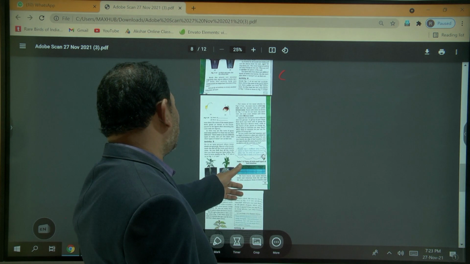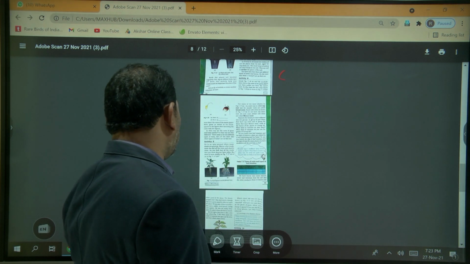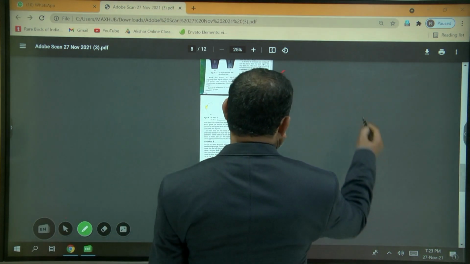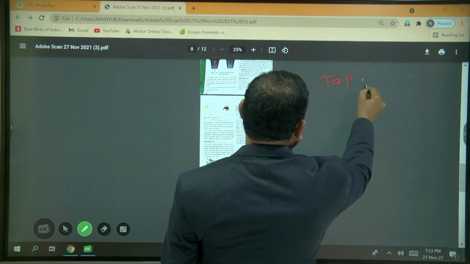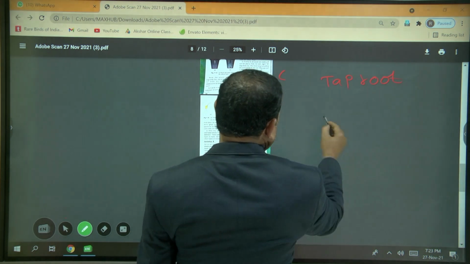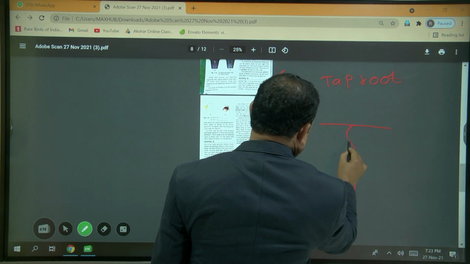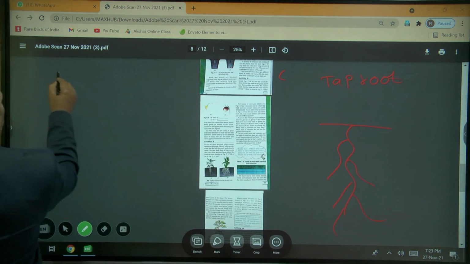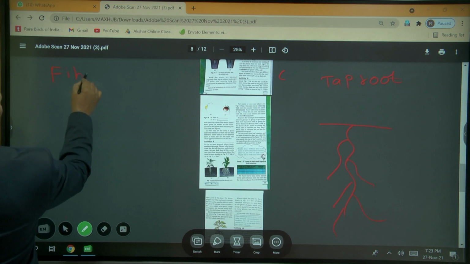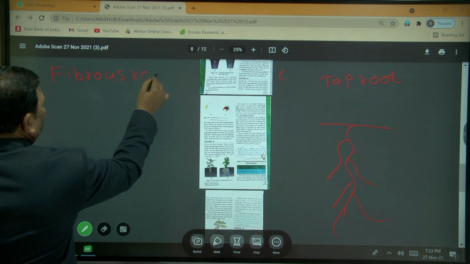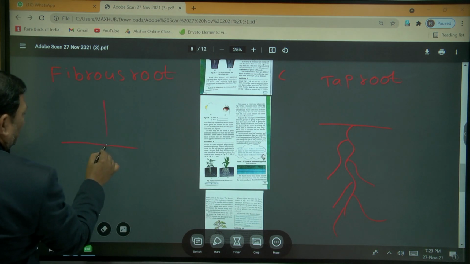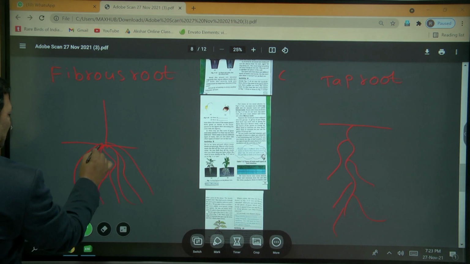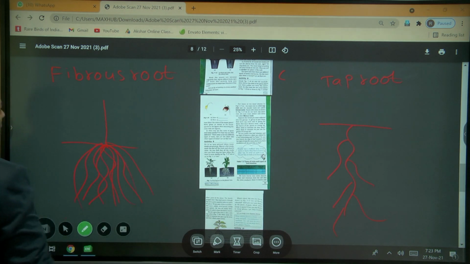When all the roots arise from the same particular place, that is called the fibrous root system.